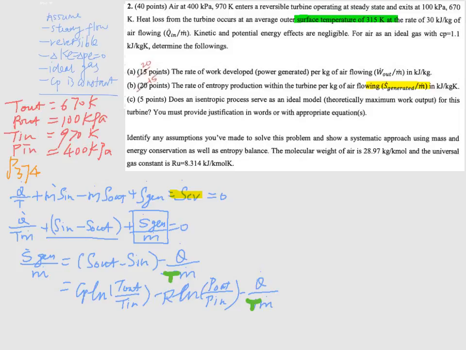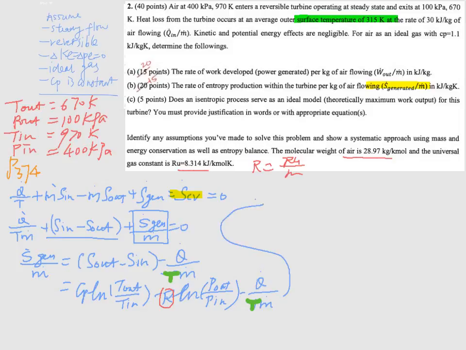Our goal now is just plug and chug, but be extra careful with this R here. We're not going to directly plug in RU, because R is actually RU over the molecular weight.